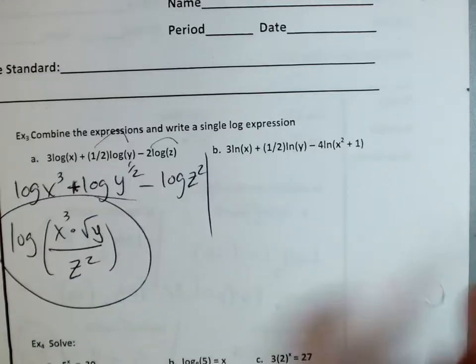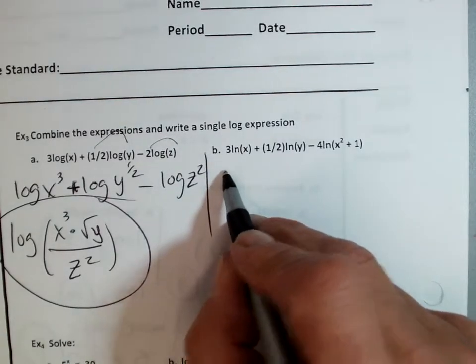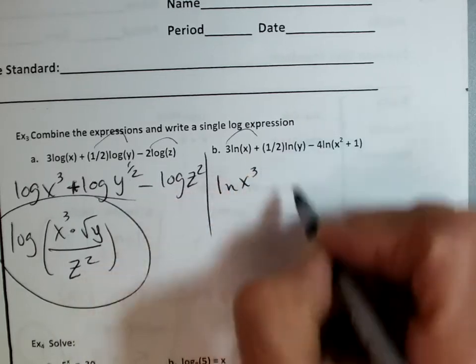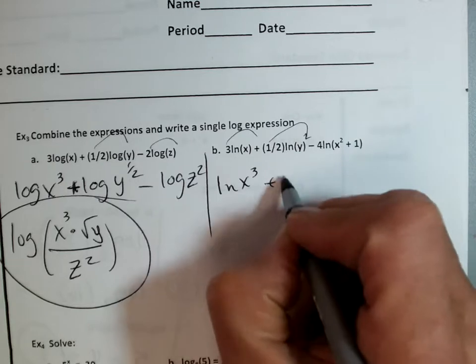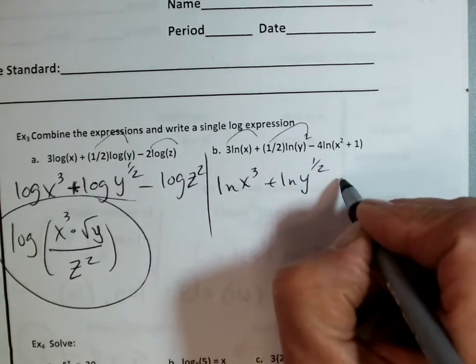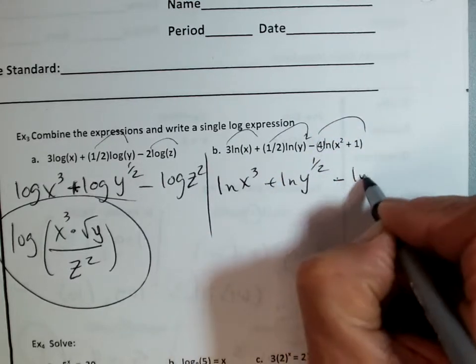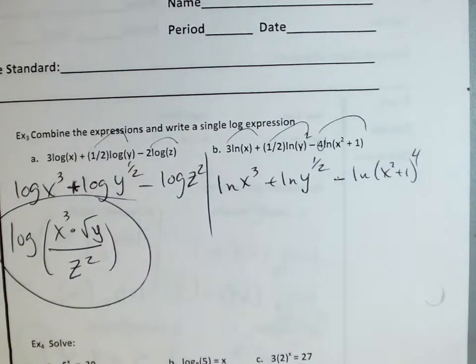Okay, B. This was an exponent, right? Let's bring it back in. So I'm going to go ln x cubed. Plus, this was an exponent, let's bring it back in, ln of y to the 1/2 power. This 4 was an exponent, so minus ln of x squared plus 1 to the 4th power.